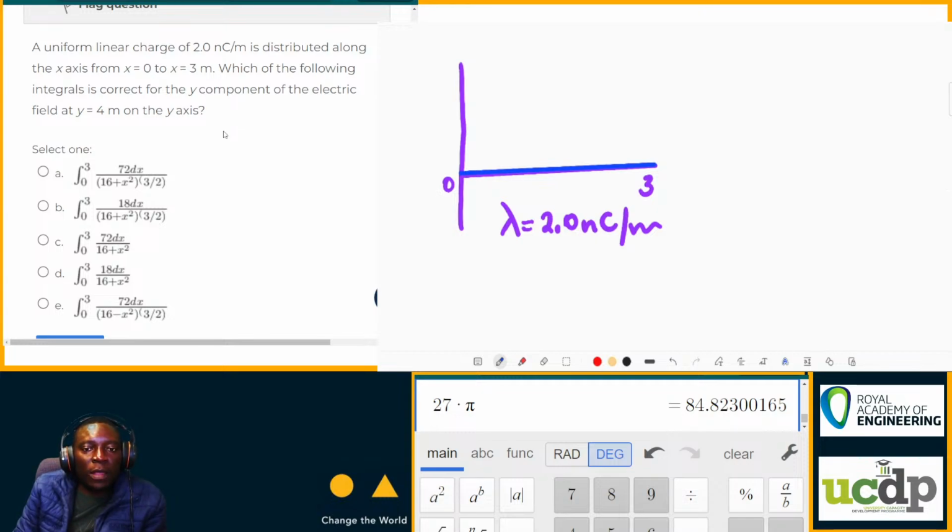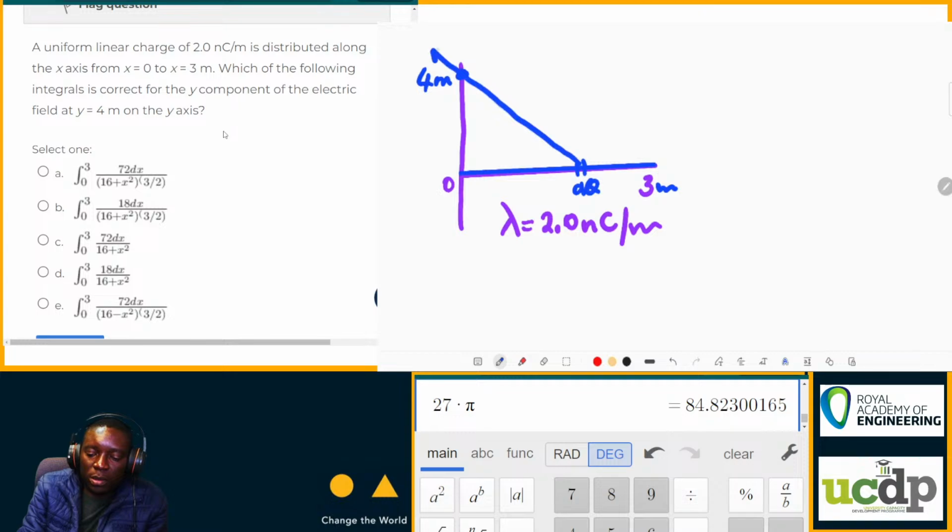And now find the integral for the y component of the electric field at y equals 4 meters on the y-axis. So that's 4 meters, that's 3 meters, and we want the field from dq contributing to that point there.